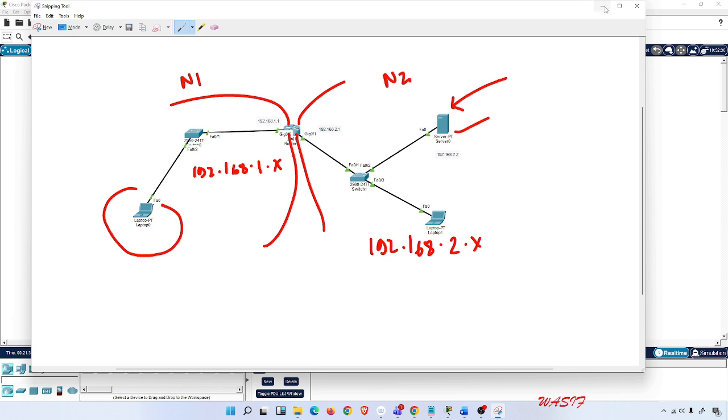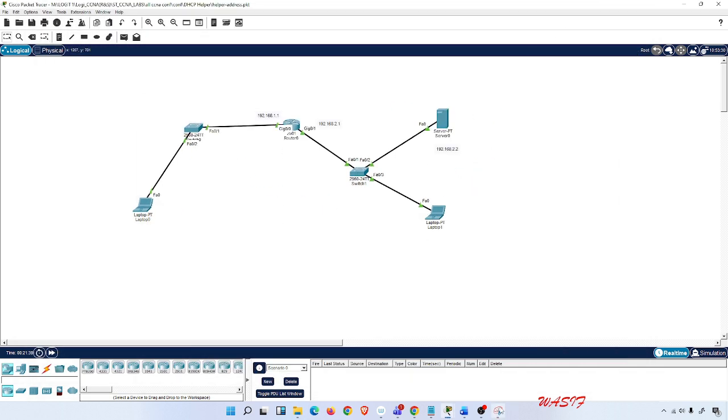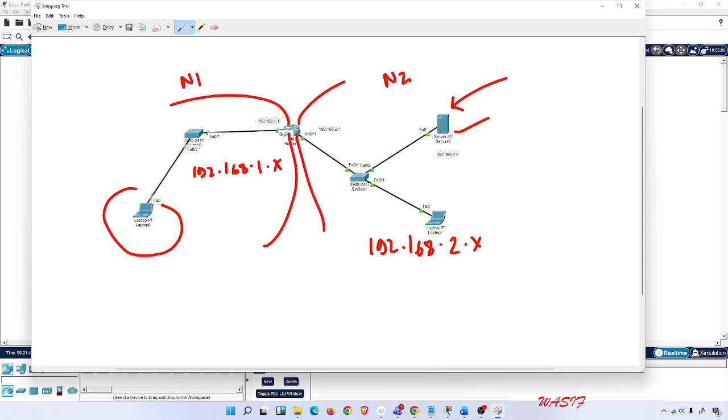Now, look here very carefully. Whenever the client sends the request, what request is that? That's a discover request, and it is a broadcast. So what happens?